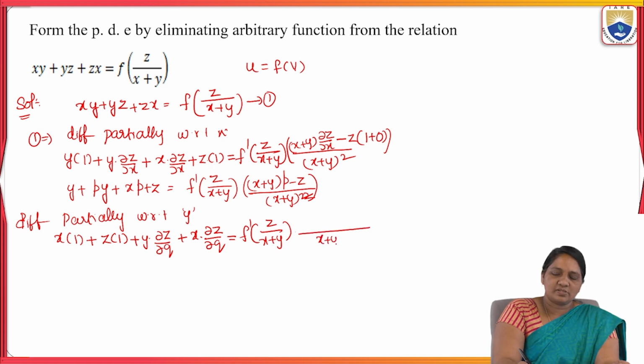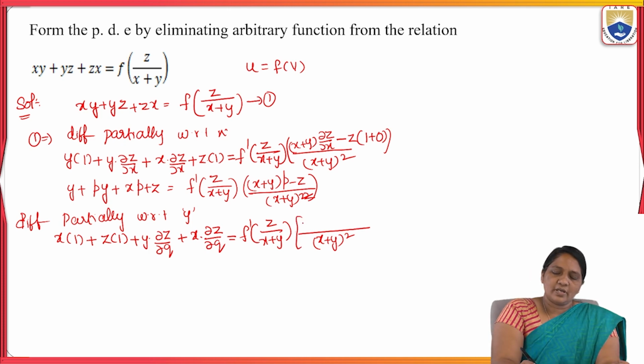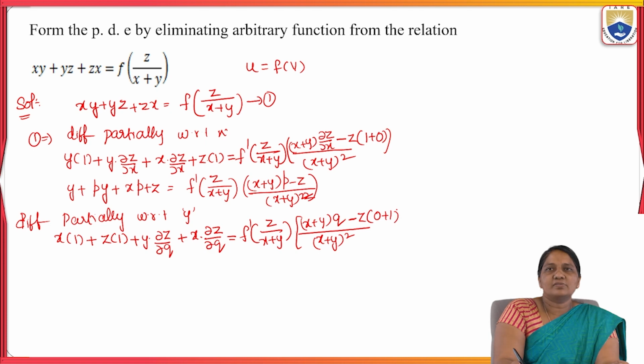So here (x+y)², and (x+y) ∂z/∂y = q, minus z into the derivative of (x+y), where x is 0 and y is 1.